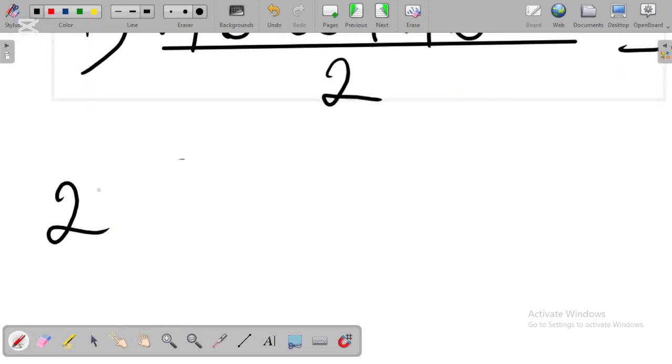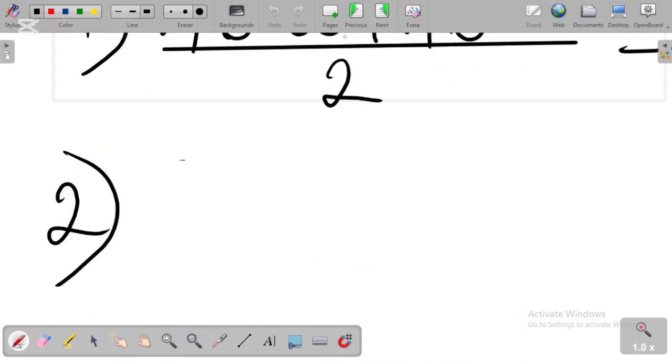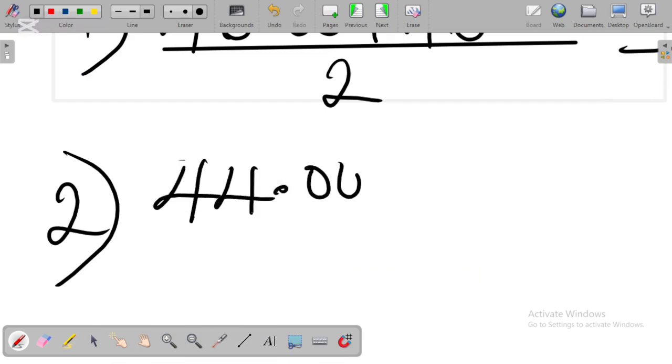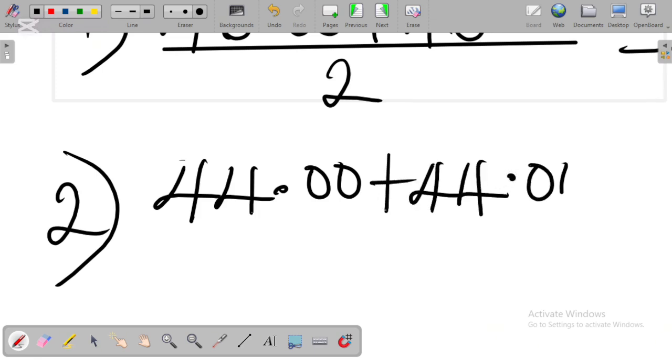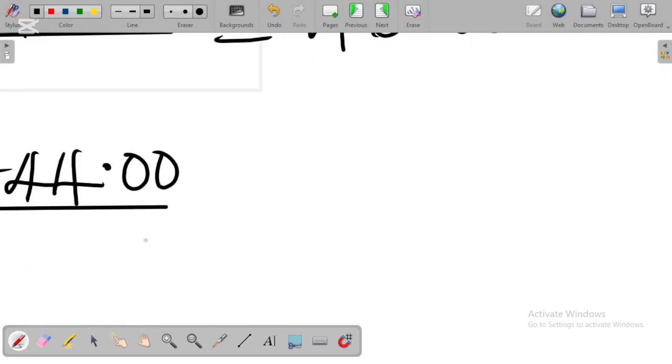Alright, let's consider the second one. We have 44.00 and 44.00. 44.00 plus 44.00, all divided by 2. So if you punch your calculator, it would give you 44.00.